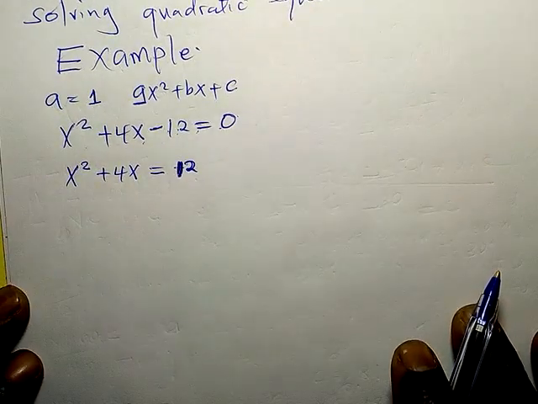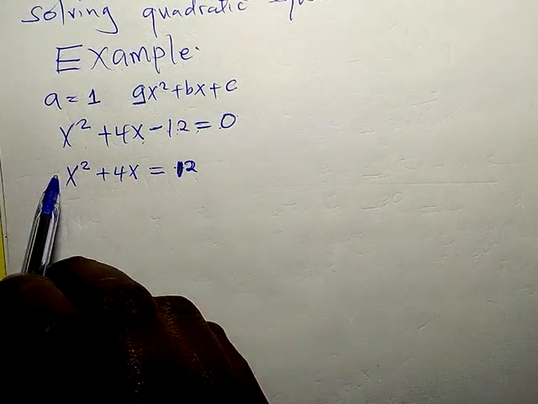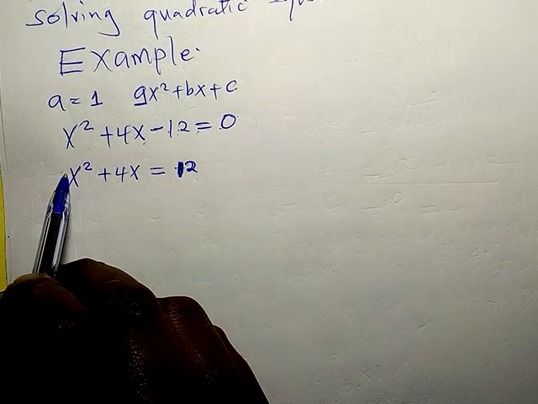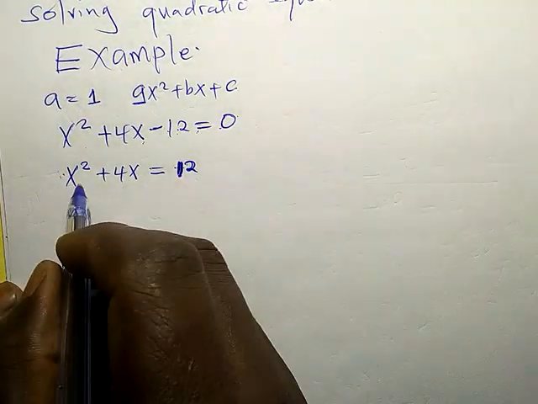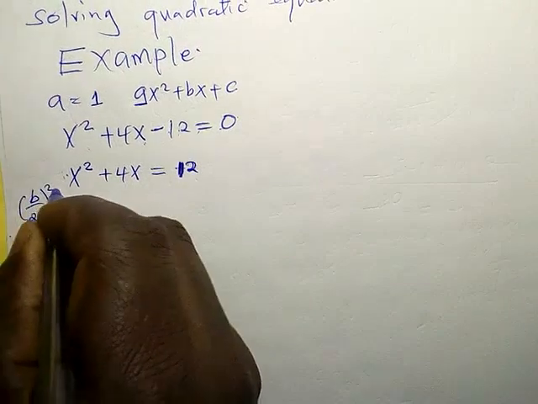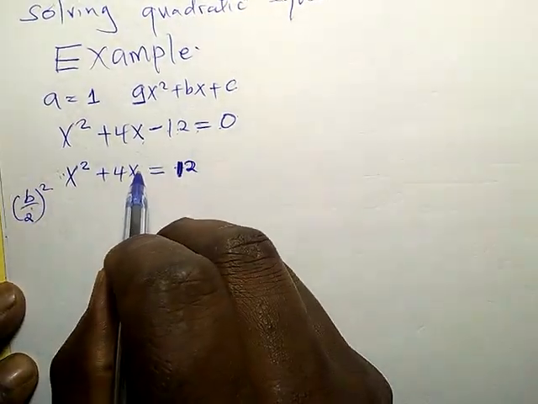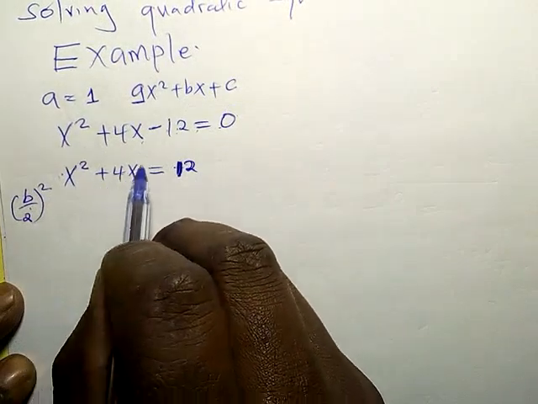Step number 2, you must remember what we have learned. Since the coefficient of x squared is 1, we just get (b over 2) squared, add it on the left side and add it on the right side.